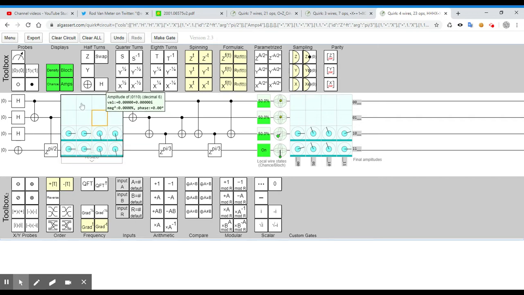Let's see. Let's go ahead. It doesn't seem to rotate the way I want it to rotate. Maybe I'm missing something in here. So if this is a 1, right?